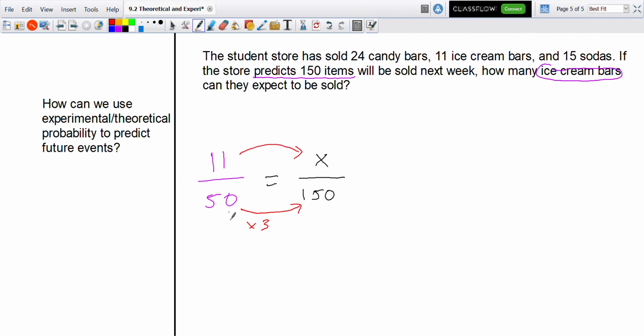And if we triple how many total items we sell, we will probably triple how many ice cream bars are sold. So it should be about 33. If 11 out of 50 were ice cream bars before, then 33 out of 150 should be ice cream bars.